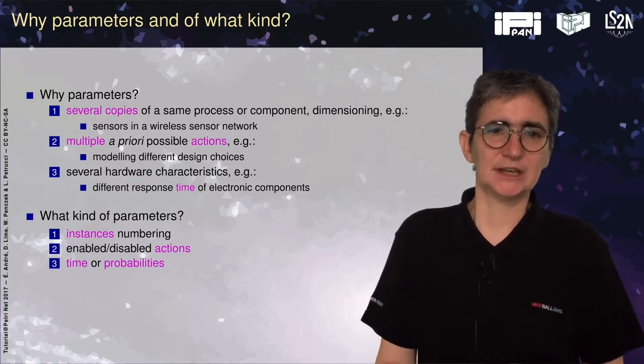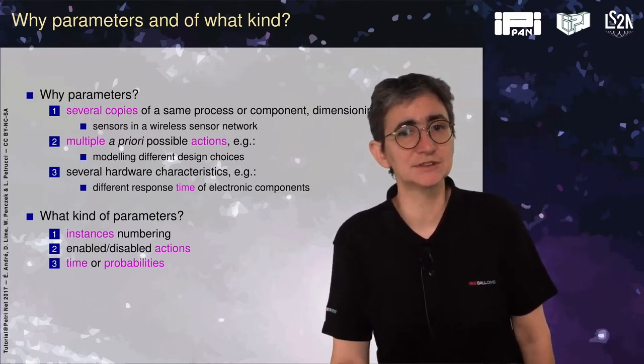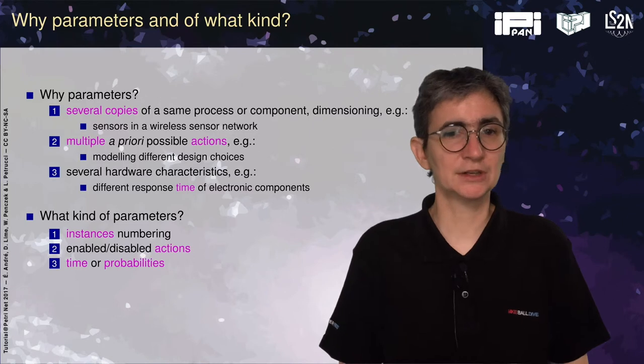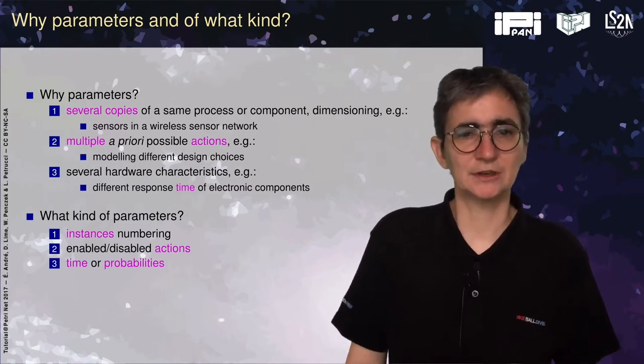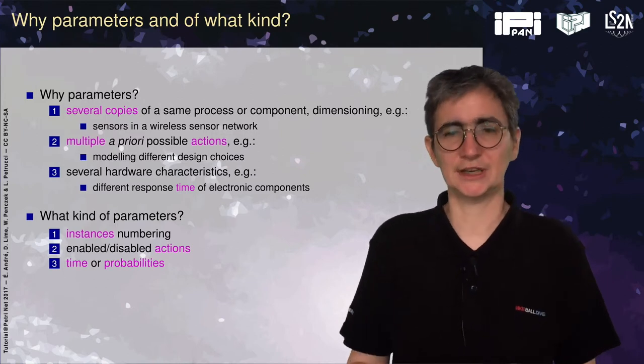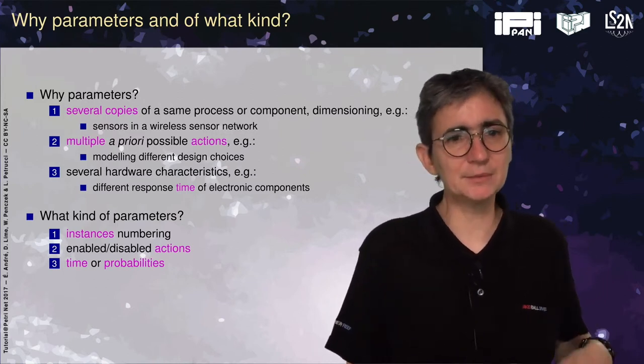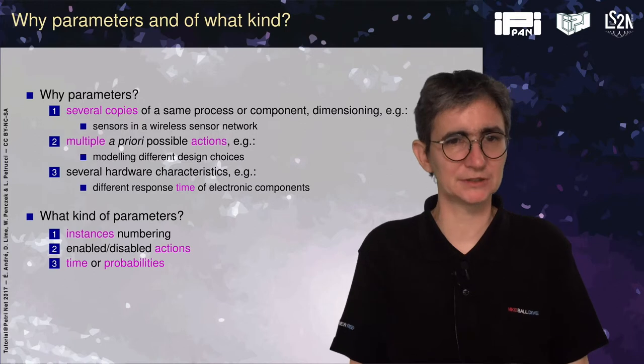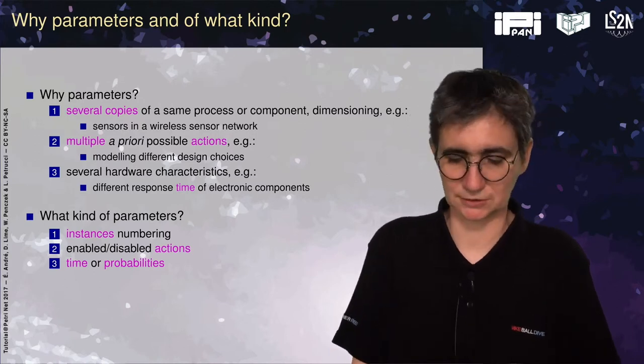And finally, if you want to consider several characteristics such as response times, you want to have time parameters or probabilities as a parameter. So there are many kinds of parameters that you would like to consider.